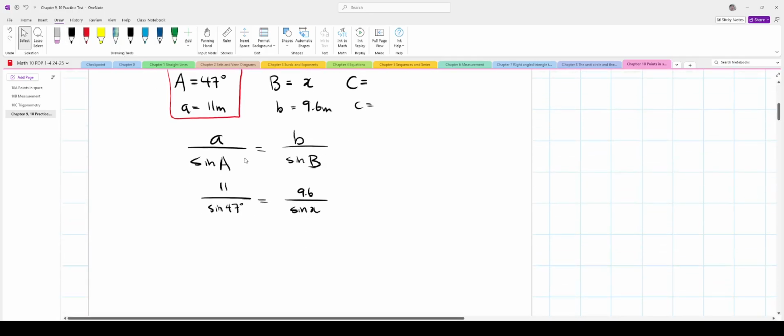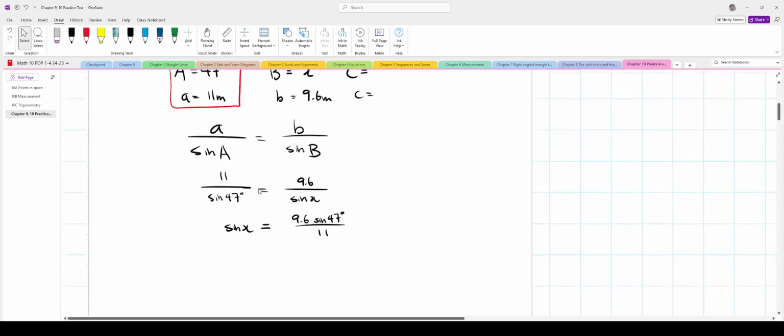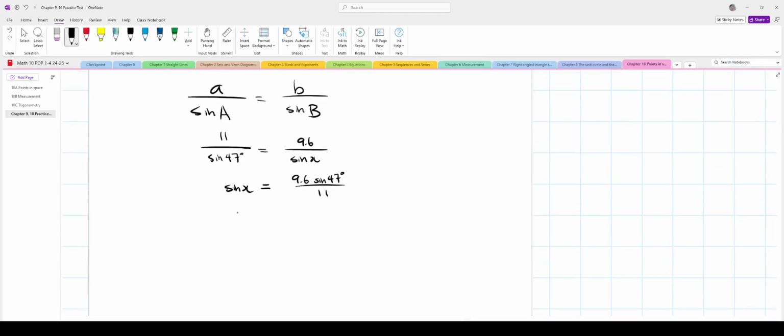Now let's solve for sine of x. Sine of x is equal to 9.6 sine of 47 degrees divided by 11. And then if I undo the sine on both sides, I get x is equal to arc sine of 9.6 sine of 47 degrees divided by 11.